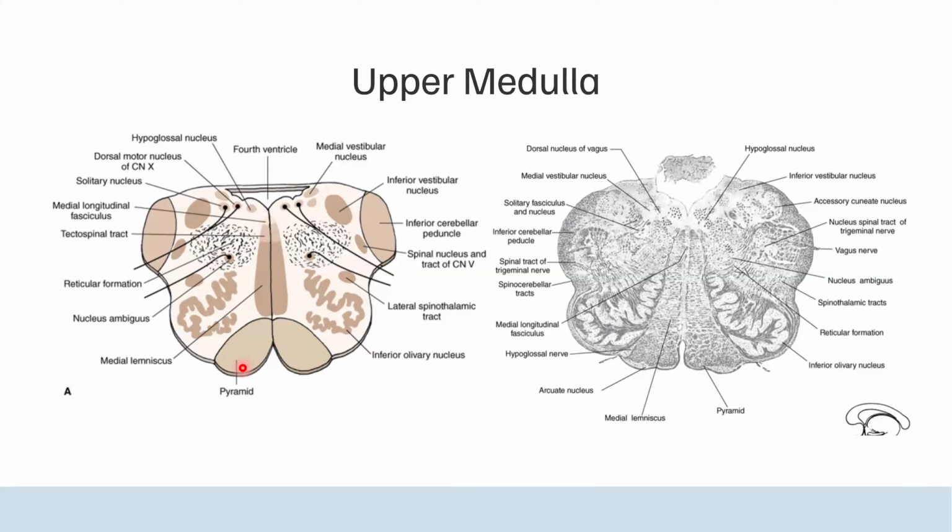The pyramids are always the most anterior portions, and by this point, they had already decussated. Is the upper medulla clear for everyone? Are you linking it back to the things that we've already mentioned, all the graphs and everything that we drew out? Okay, thumbs up. All right.